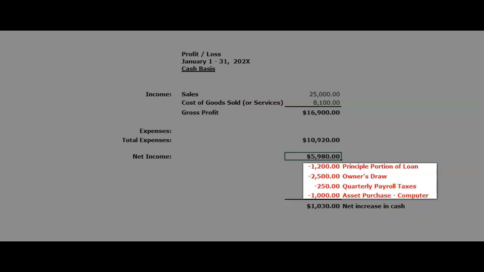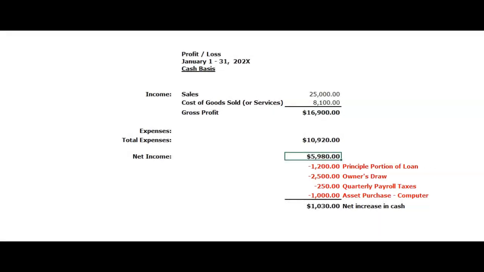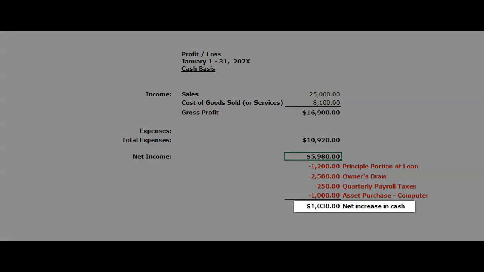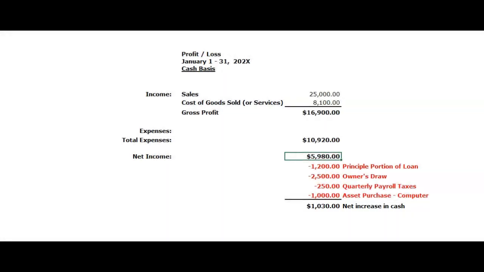That is the additional cash that left the bank account to service that loan. Then we had $2,500 that the owners took out for their own use, $250 for quarterly payroll taxes, and then another $1,000 came out for an asset purchase, say for a computer. So theoretically, instead of $5,980 additional at the end of the month in the bank account, there was $1,030 net increase in cash.